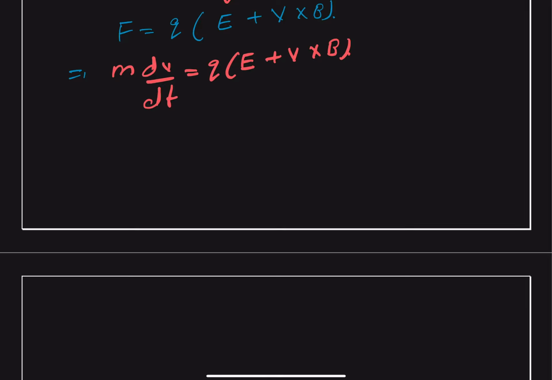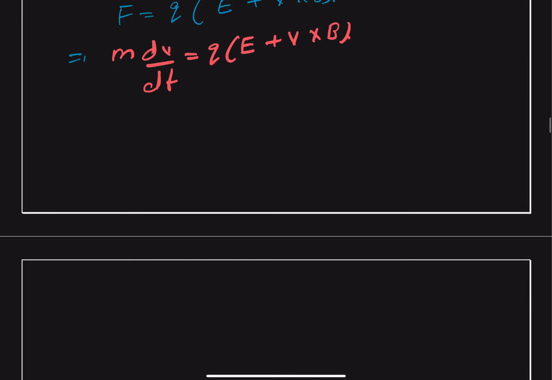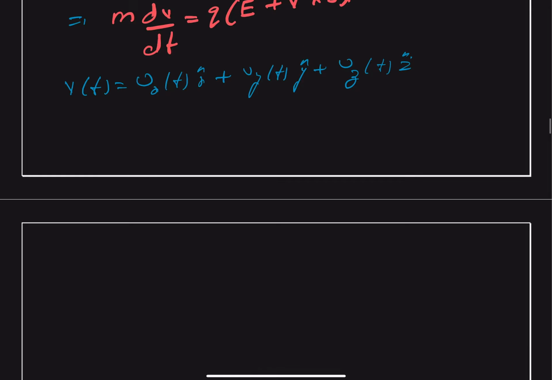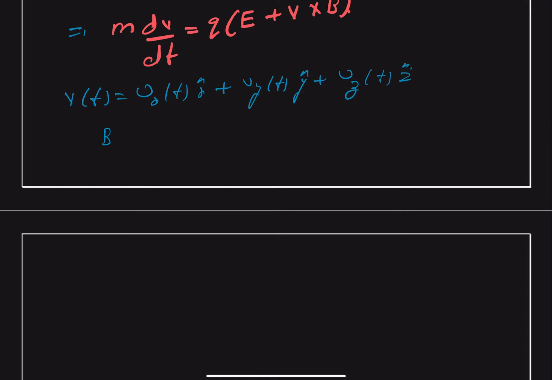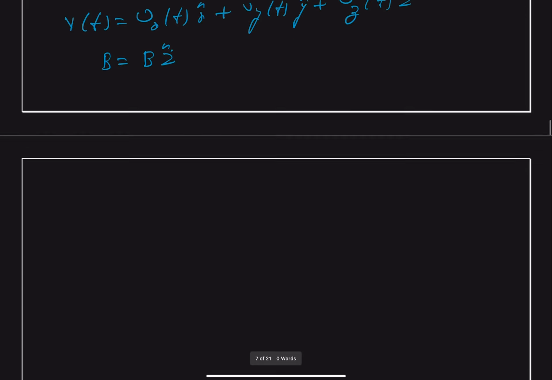So let us divide our velocity as well as magnetic field into components. Suppose the velocity is time dependent, it can be written as vx(t) x unit vector plus vy(t) y unit vector plus vz(t) z unit vector, and our B we already know is B z unit vector.